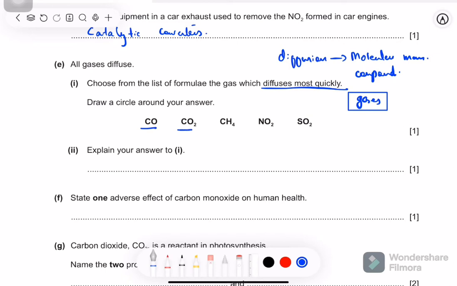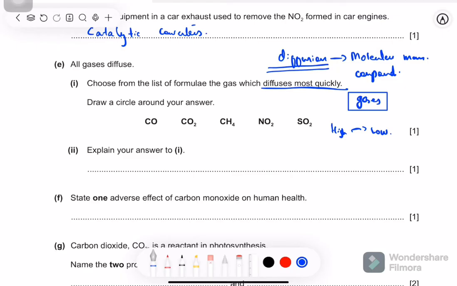They will give you random gases and they will ask which diffuses most quickly. So it is common sense. The gas having the lowest molecular mass will be the fastest to travel, because what is diffusion? Diffusion is the spreading away of particles from an area of higher concentration to lower concentration. So the gas which is lighter, it is obvious that it will move the quickest.